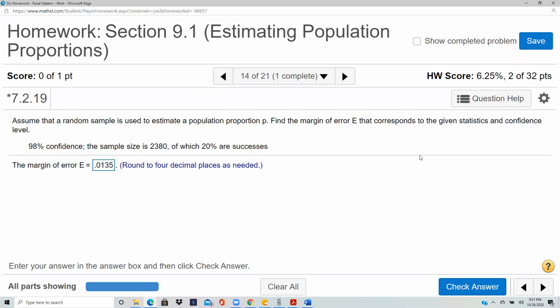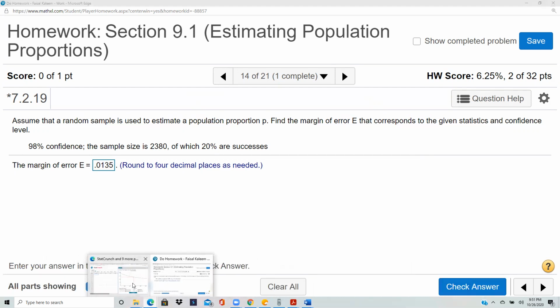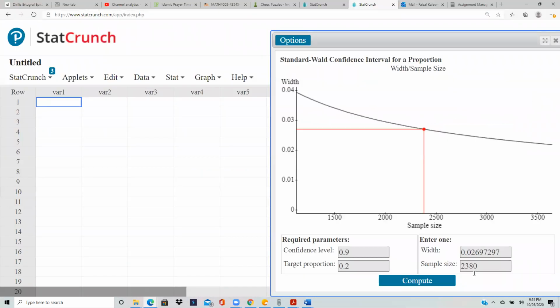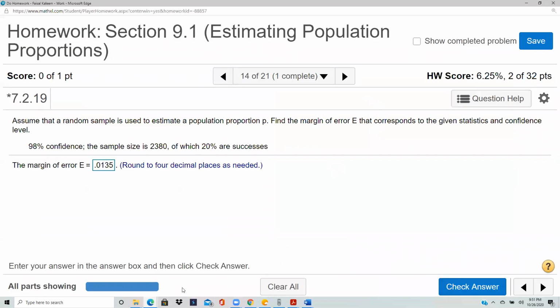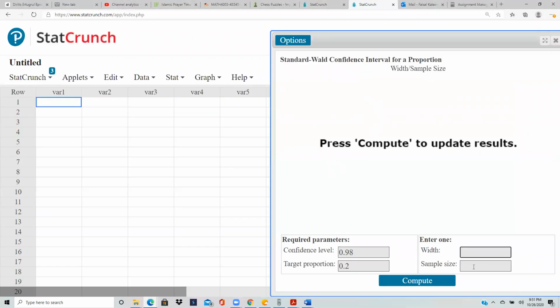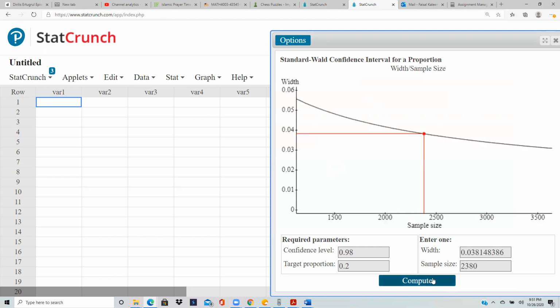Round to 4 decimal places. Let's see if everything is correct. 2380. Oh, the confidence level was 0.98. Okay. So sample size was 2380. Okay.